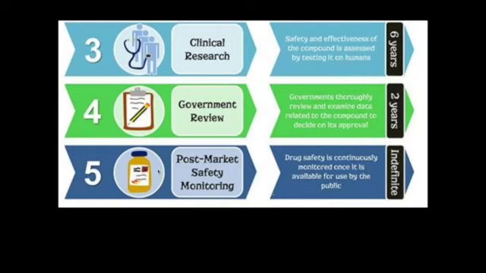In the clinical research, it involves the vaccine being tested on volunteers from small groups and then moving on to larger groups. And in the government review, it's determined whether this vaccine helps more than hurts. So there cannot be a lot of side effects. And only then can it be approved by the government and manufactured and distributed to the public.